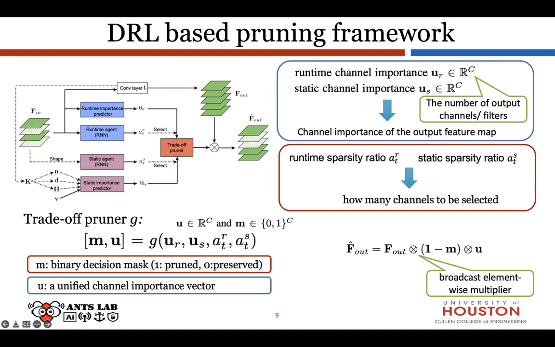We use the output feature map F out times this decision mask M, and then times this importance vector U. In this function, 1 is the matrix of the same size as M, with all the elements being 1. So some channels are selected to be pruned by this equation. That's some details of their system overview. Next, let's see how to obtain these four vectors, the importance vectors and the sparsity ratios.